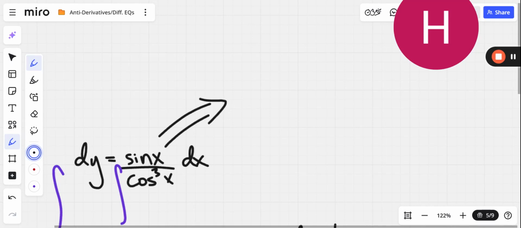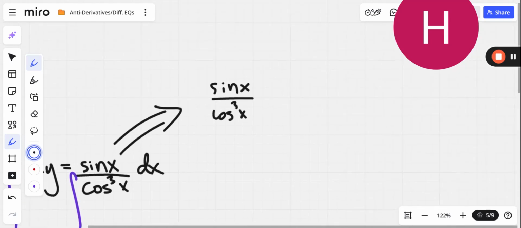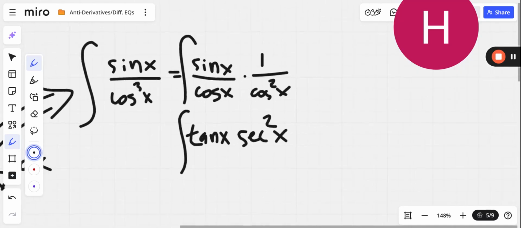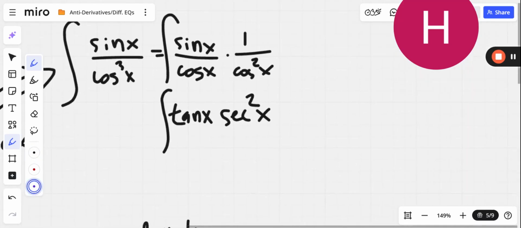Well, sine over cosine cubed can also be written, ready for this? It can also be written as sine x over cosine x times 1 over cosine squared x, which is tangent x, times secant squared x. So if I want to integrate that, I can do a u-sub because this, well, let me include the dx.